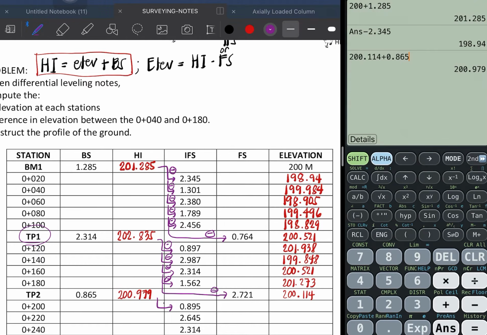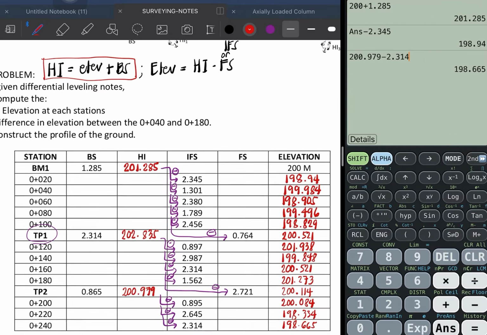Then you subtract the intermediate foresight: 200.979 minus 0.895 is 200.084, and then 2.645 gives 198.334, and the last station, 2.314, gives 198.665.